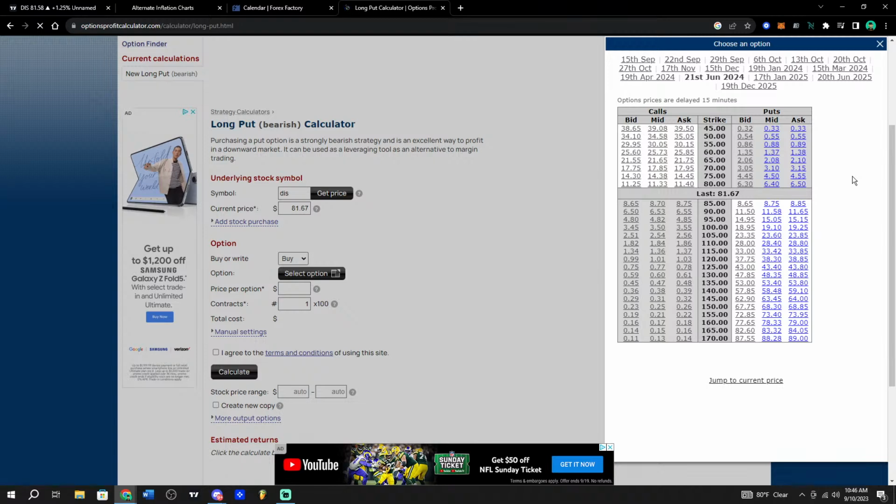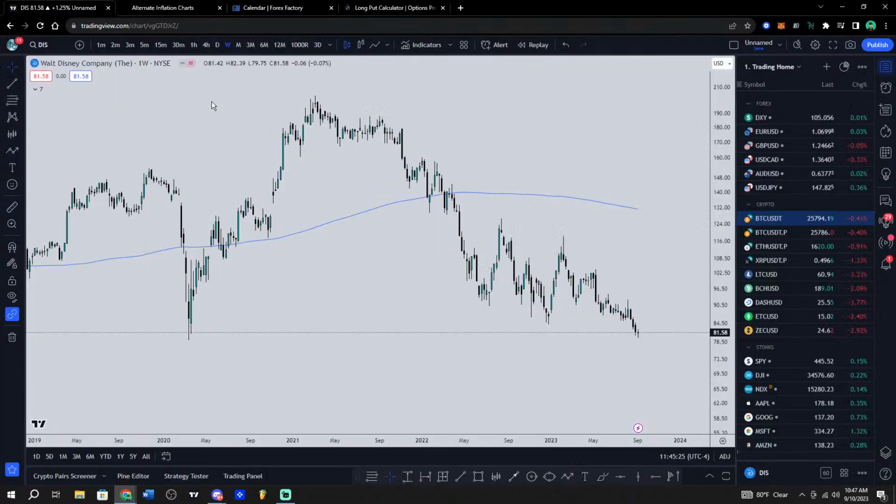So you see the $45 strike. I couldn't find the $45 one in Webull, but where you put the middle price, it's 33 cents for that option, because they don't anticipate it to get that low by then. It would have to be dramatic. Whenever I did measured moves, for it to actually hit $45, even if we're headed down there, it would probably take a year to get that low.